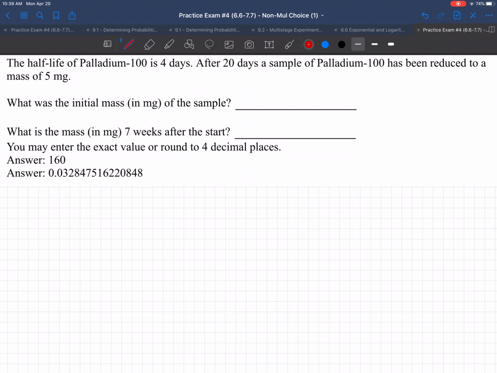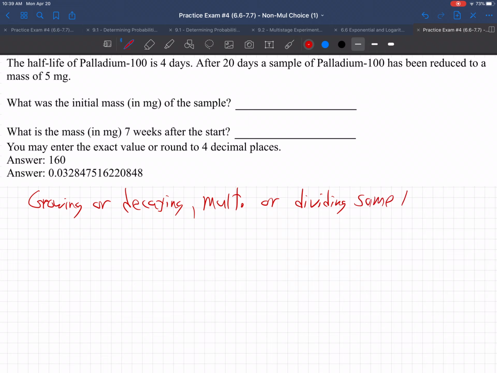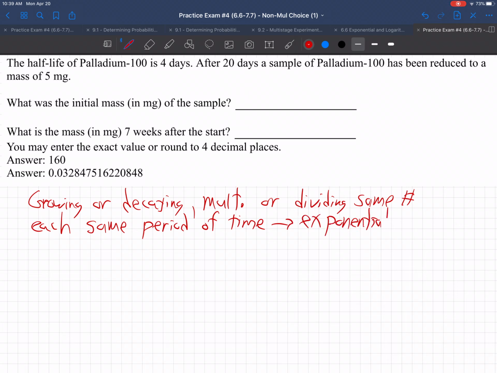So whenever we have something growing or decaying, meaning it's multiplying or dividing by the same number each same period of time, that is exponential growth, or if it's going down, decay.